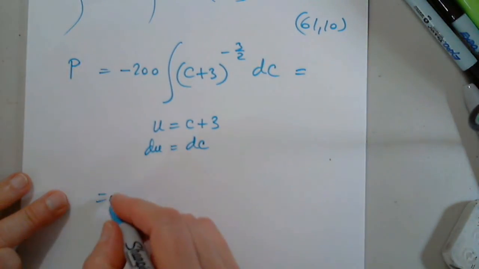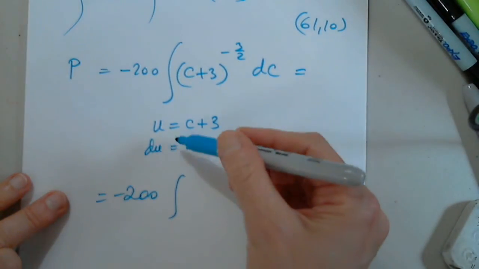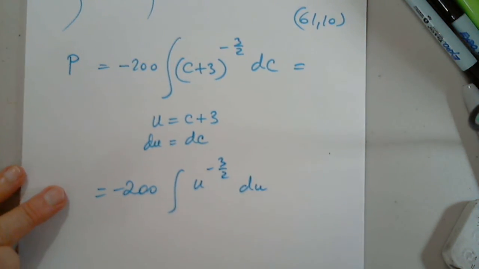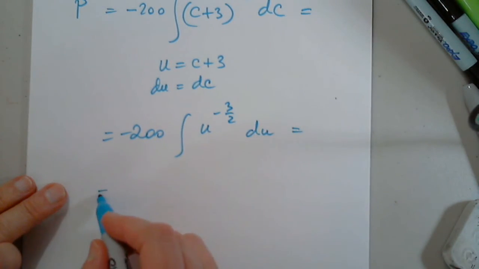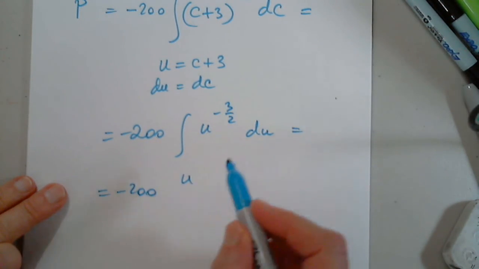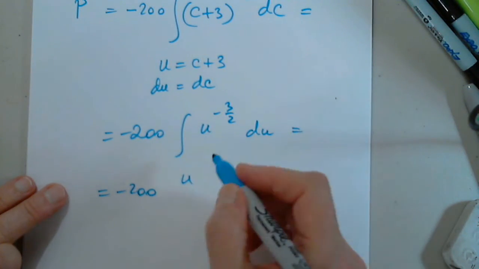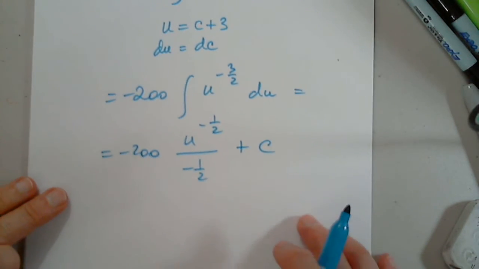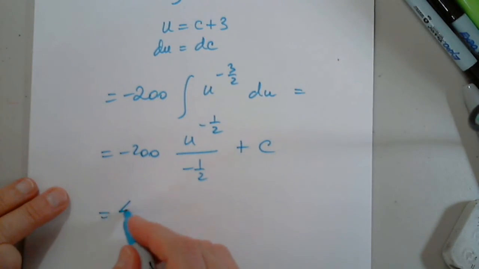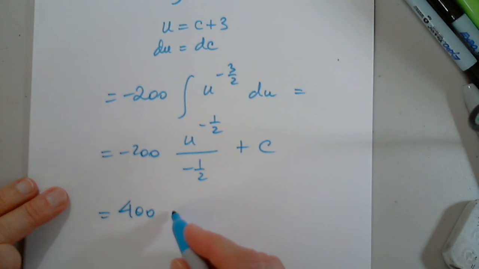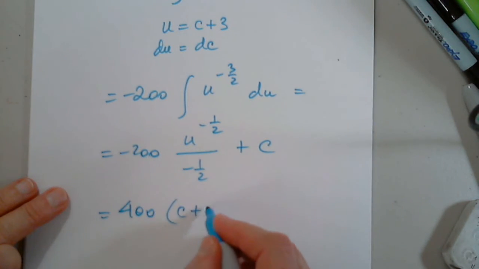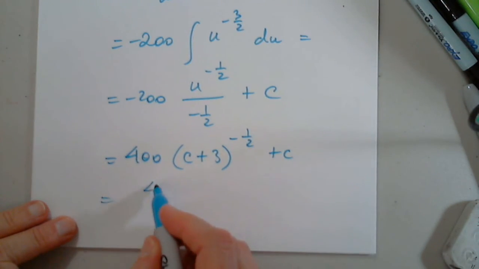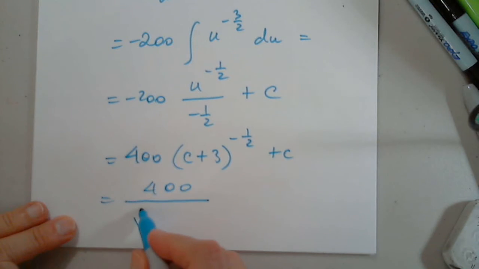So then I have negative 200 times the integral of u to the negative 3/2 du. Negative 200, u to the negative 3/2 plus 1, which is negative 1/2, over negative 1/2, plus a constant. I flip, so this is 400, and in parentheses, I have (c plus 3) to the negative 1/2 plus a constant. Finally, if you want to write it like this, that's perfect.